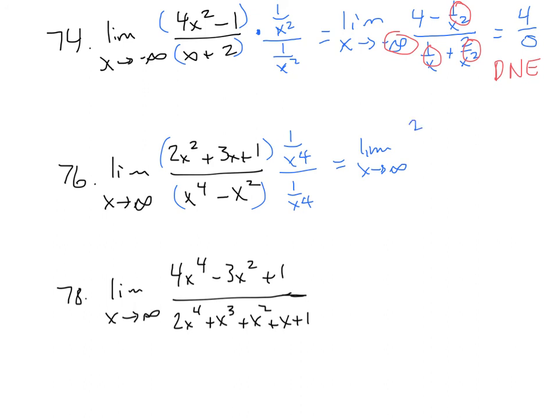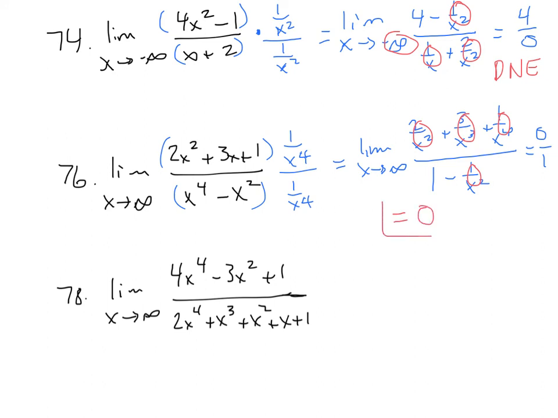I get 2 over x squared plus 3 over x cubed plus 1 over x to the 4th, divided by 1, because x to the 4th times 1 over x to the 4th is 1, minus 1 over x squared. All of these fractions turn into zeros. So this is interesting. This time I get 0 over 1. That's not an indeterminate form either. That's just 0 divided by 1, which is 0. So the value of this limit is actually a y value, which is 0. It's not DNE. That's good news.